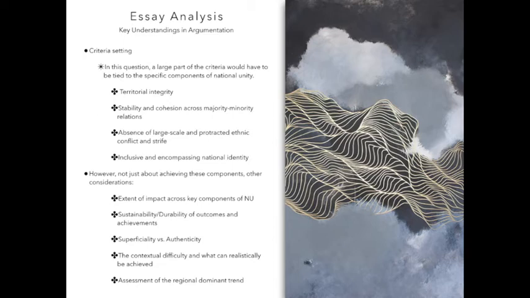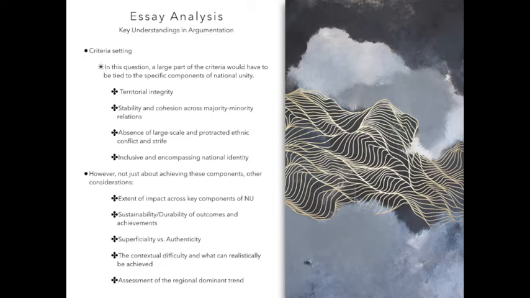And we can make an argument that countries in your case studies did manage to hit these kinds of things. But for me, perhaps that may be a sound argument, but maybe it's not a complete one, or it's not a comprehensive one. So there are other criteria that I need you to consider as well, and you will find them at the second bullet point onwards.